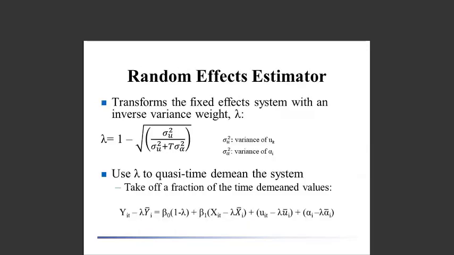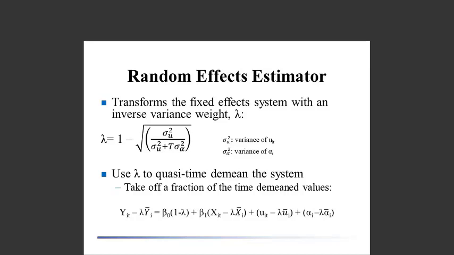So there's a bit of Greek here, but I just want to show the two components that come into play when a random effects estimator is used, and how we transform the fixed effects system to make it more efficient. Random effects essentially transforms the fixed effects system with an inverse variance weight.